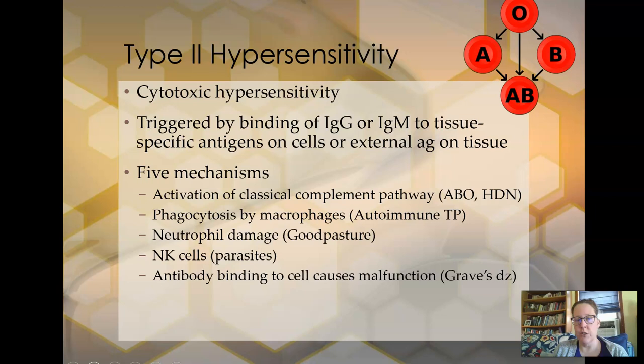So an example would be Graves' disease. The way that works is on the outside of your thyroid follicular cell, you have the receptor for the thyroid stimulating hormone. And when the thyroid stimulating hormone binds on that receptor, it causes the thyrocyte, the thyroid follicular cell, to produce thyroid hormones and release them.